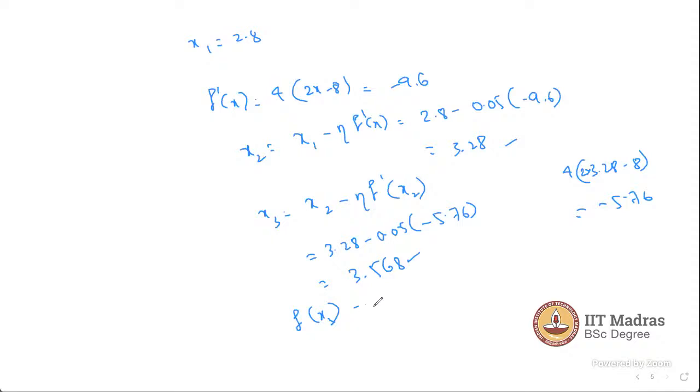And what is the value of f of x3? Shall we try and substitute? (2 into 3.568 minus 8) whole square, right? Can someone compute and tell this value of f of x3?